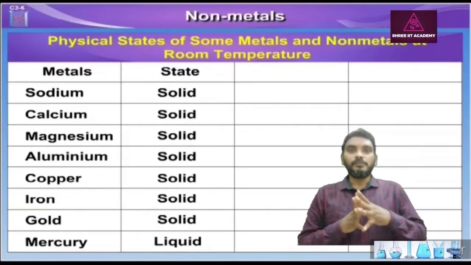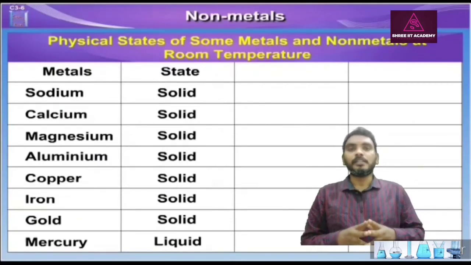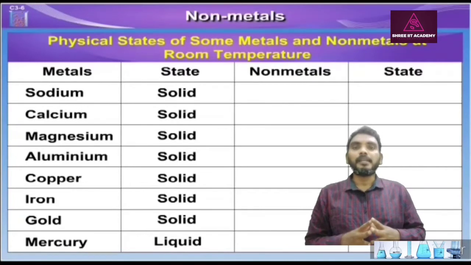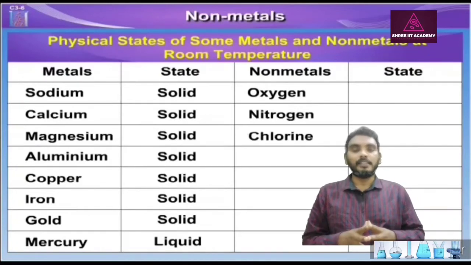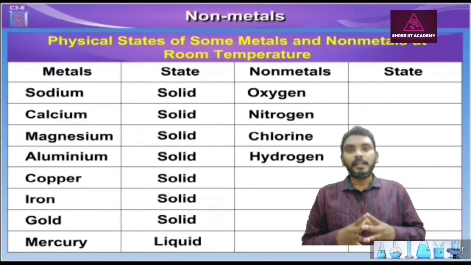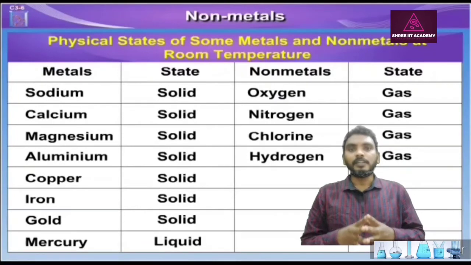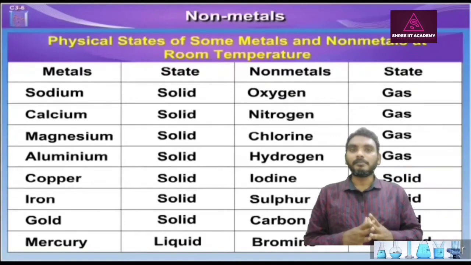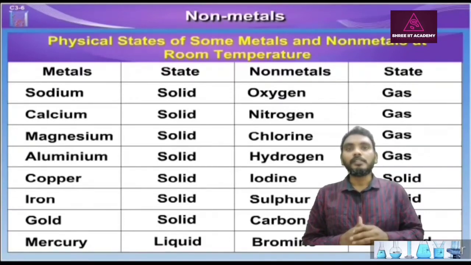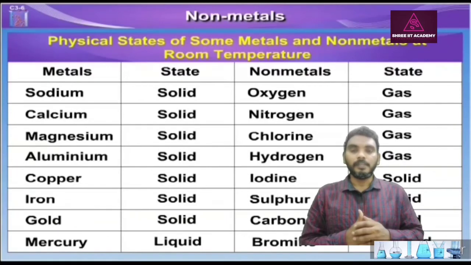Let us do the same with non-metals and their states. Here I am taking oxygen, nitrogen, chlorine and hydrogen. These are all gases at room temperature. Iodine, sulfur and carbon are solids at room temperature. Only bromine is a liquid. Most non-metals are gases, with some solids and a liquid.